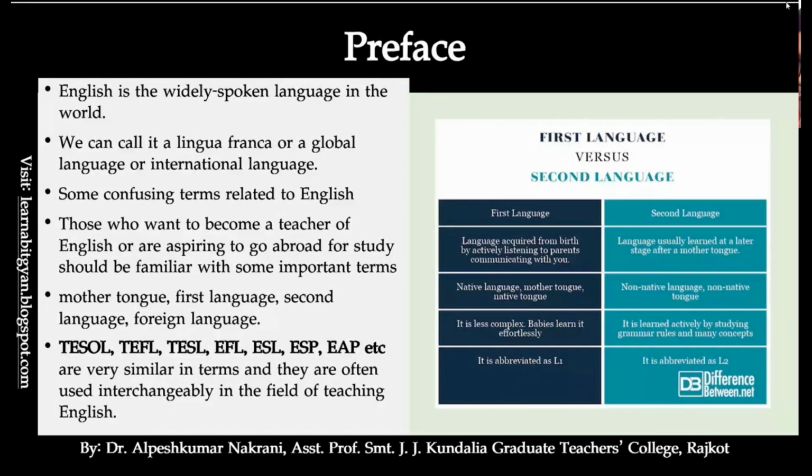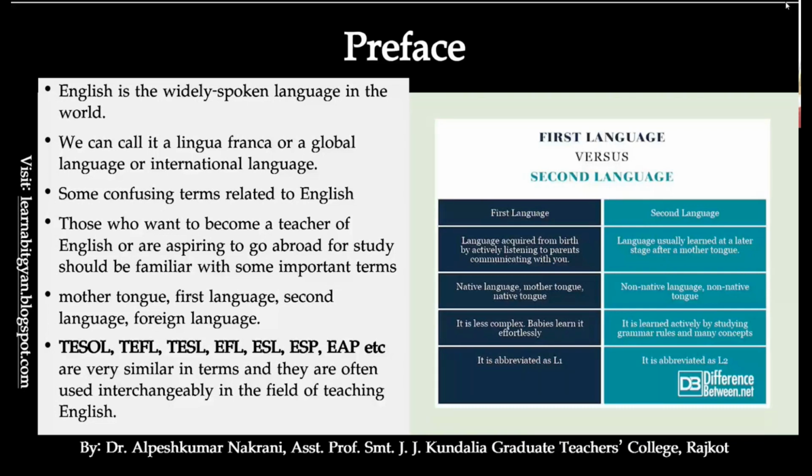First language is less complex. Babies learn it quite naturally, effortlessly, because it is the first language, because it is the mother tongue. The other term that is used is L1, language 1. Now, what is second language?